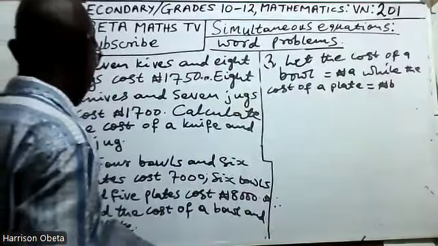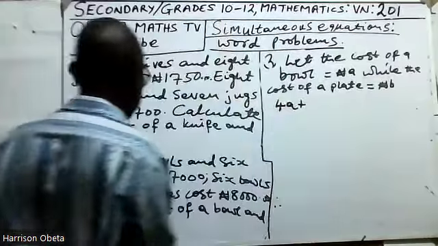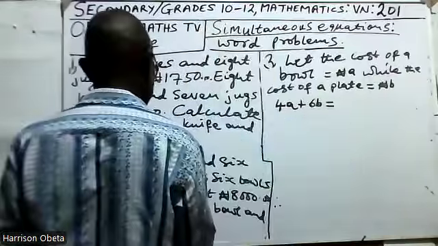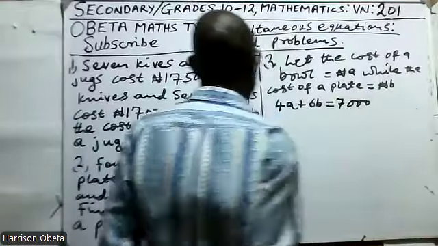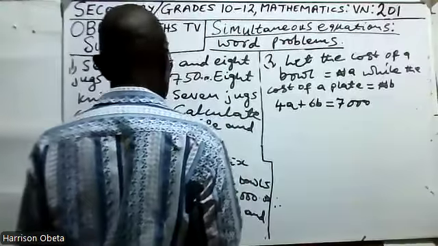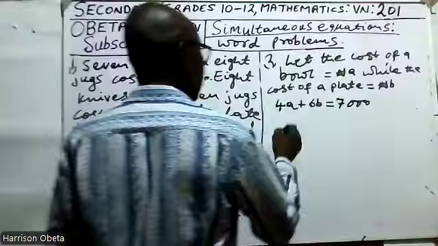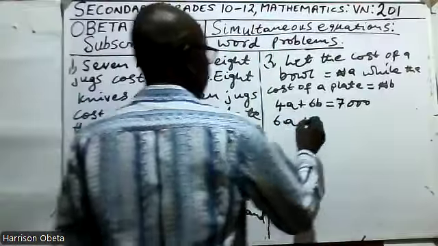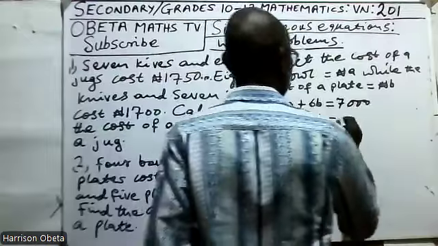So we are now talking of 4 bowls, that is 4a plus 6b equal to 7,000. Then secondly, 6 bowls, that's 6a plus 5b equal to 8,000.